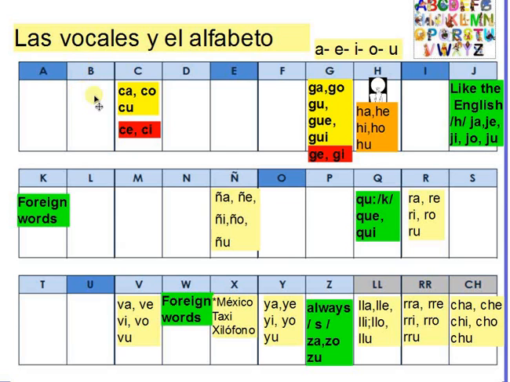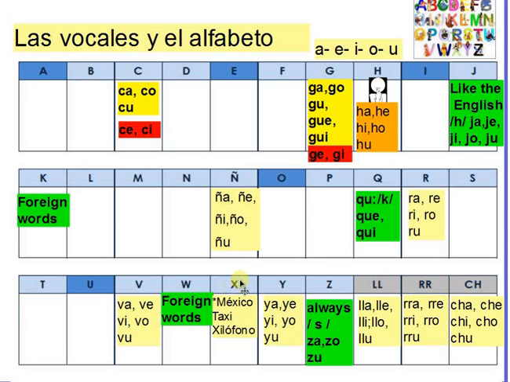There's a slight difference, but for now you can just pronounce them as a B. Okay? The letter W you only find in foreign words in Spanish. There are no native words in Spanish with the letter W.